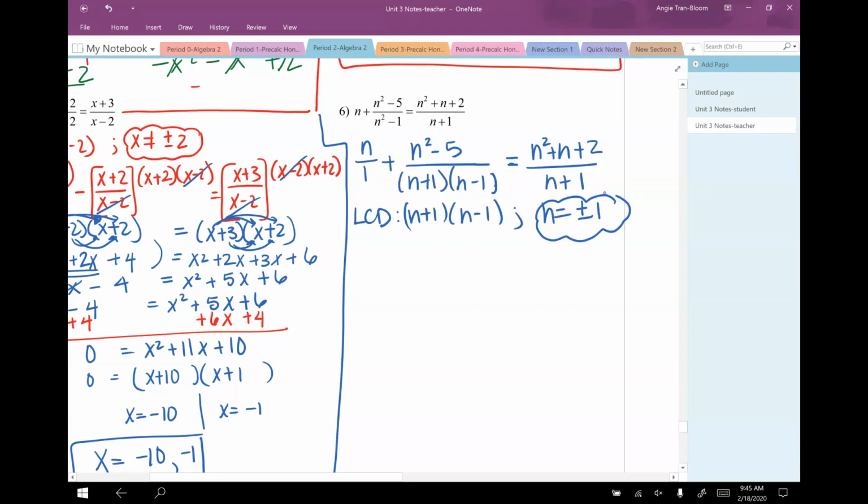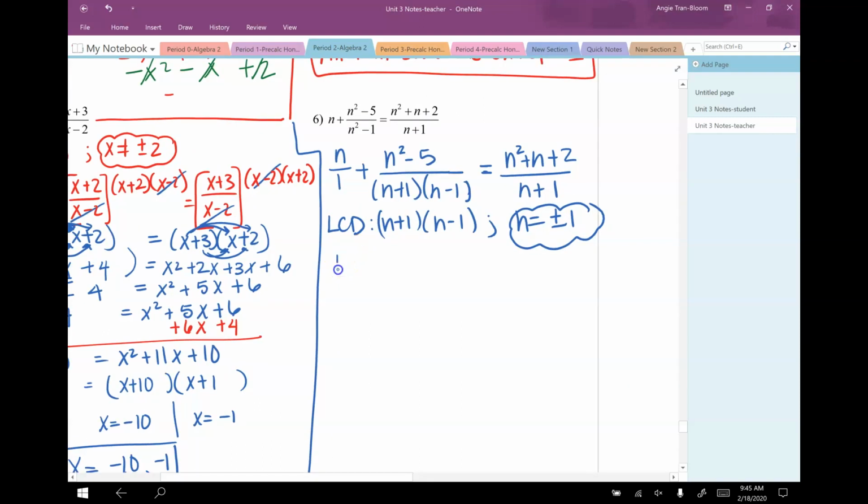Take each factor and multiply to your what? LCD. Take each term. So n over 1 times n plus 1 times n minus 1. If you don't feel like writing the n over 1, you don't have to. You can get rid of it. No big deal. Okay.